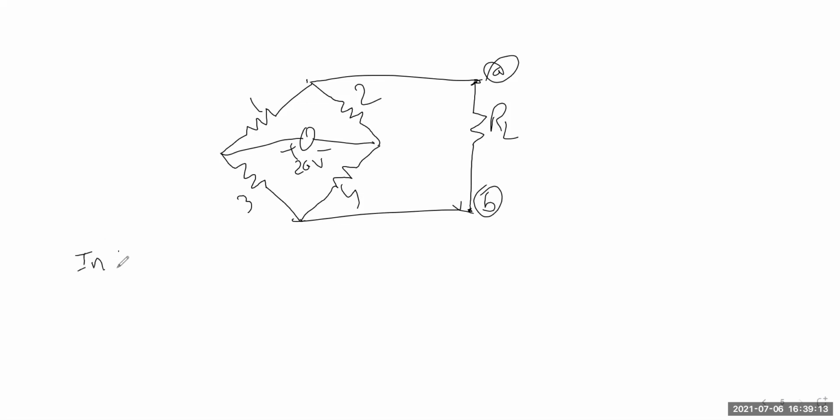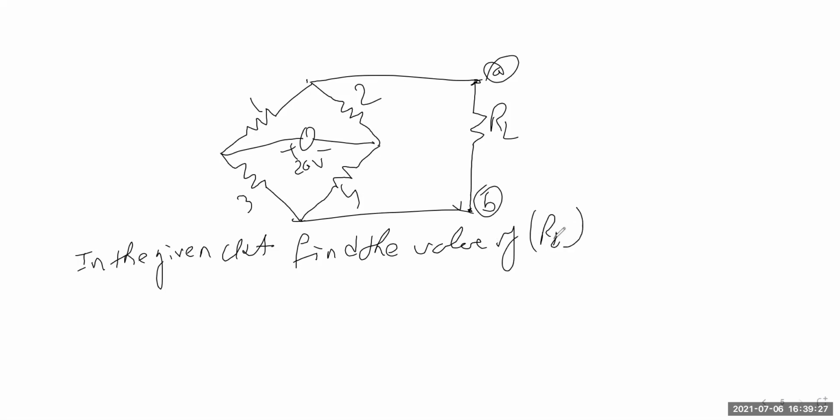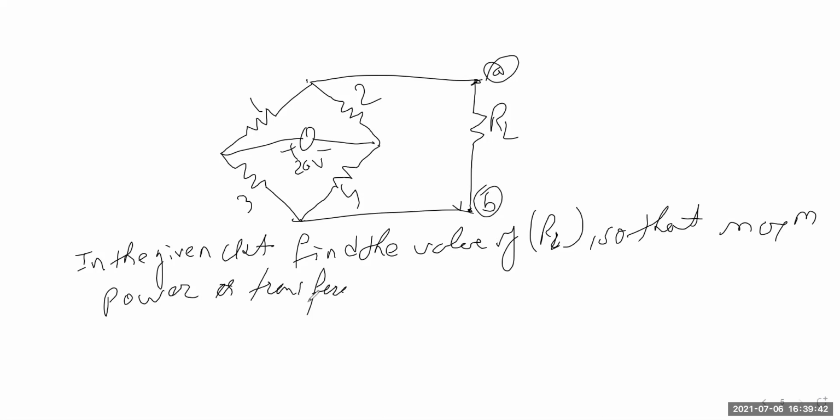I'll write: in the given circuit, find the value of RL so that maximum power is transferred from source to the load.